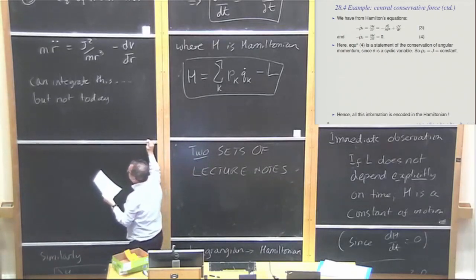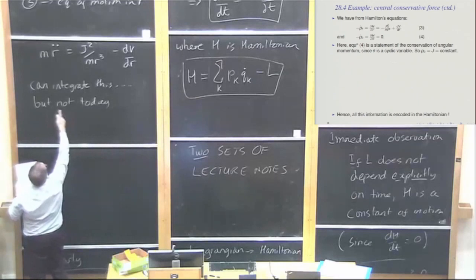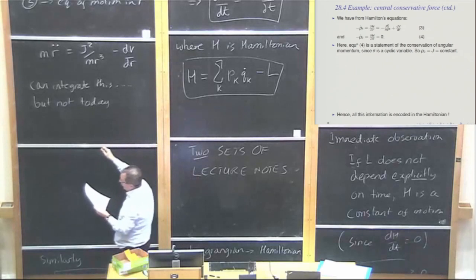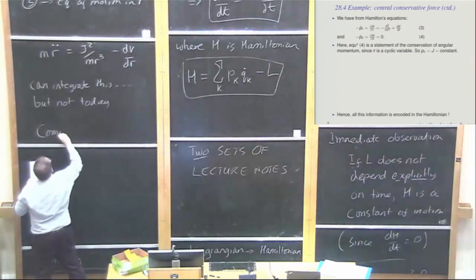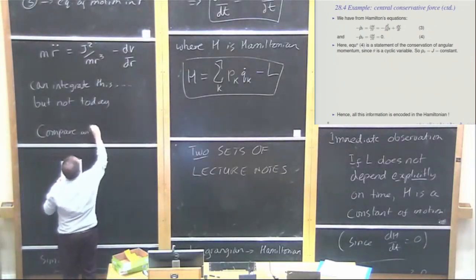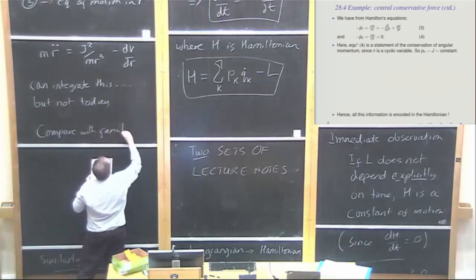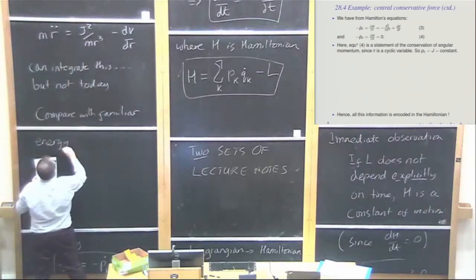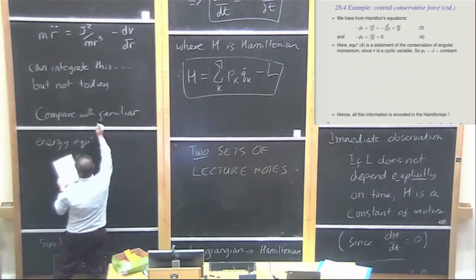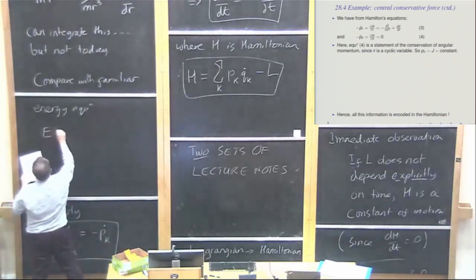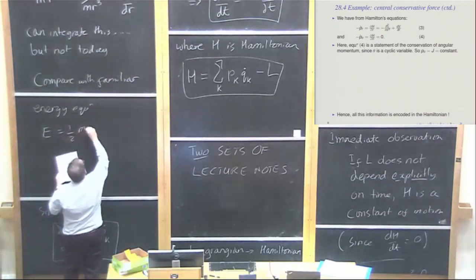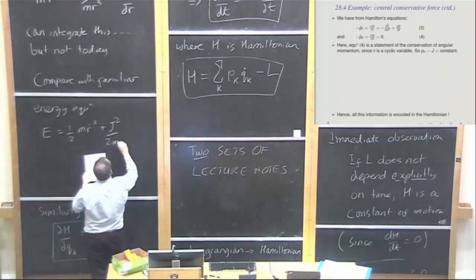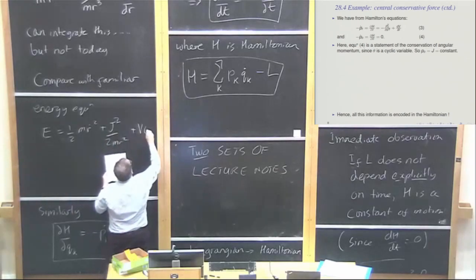Okay. So just to convince you that this expression should look relatable to expressions we've dealt with before, if we compare with our familiar energy equation, that is just E is equal to a half m r dot squared plus j squared over 2 m r squared plus V of r.